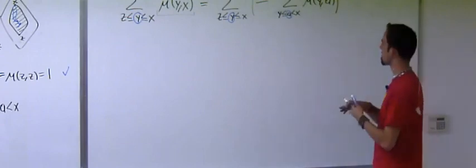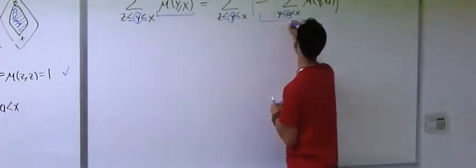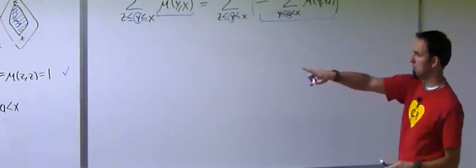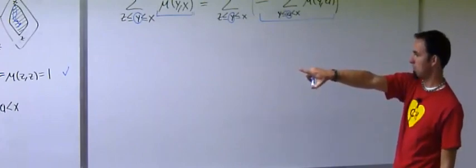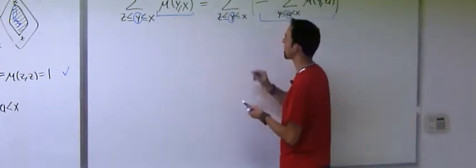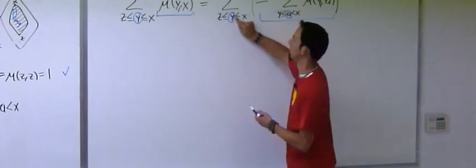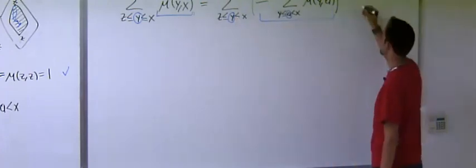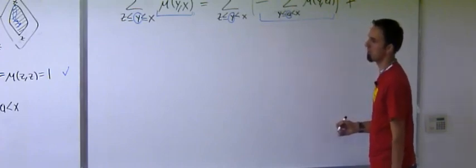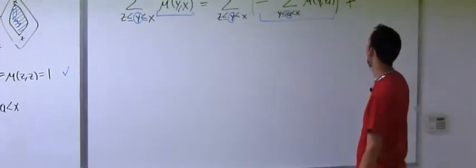When am I justified in saying that this expression over here is equal to this expression over here? I'm justified if x is bigger than y. But I'm not justified in doing this if x is equal to y. So I have to do the case for x equal to y separately. For x equal to y, I just get 1.